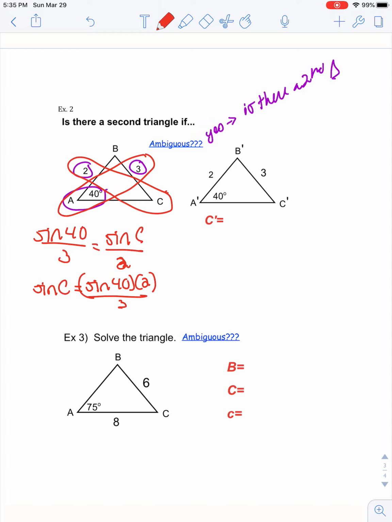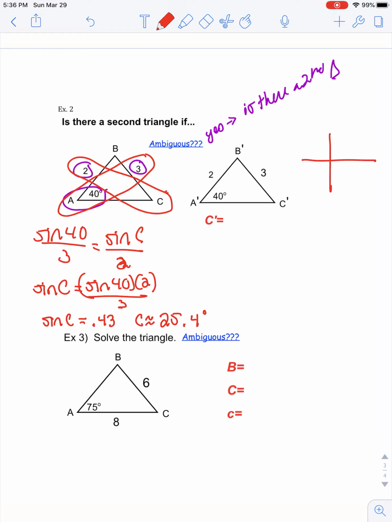So the sine of 40 times 2 divided by 3, the sine of C would be about 0.43, which means angle C, when I do inverse sine, would be 25.4 degrees.